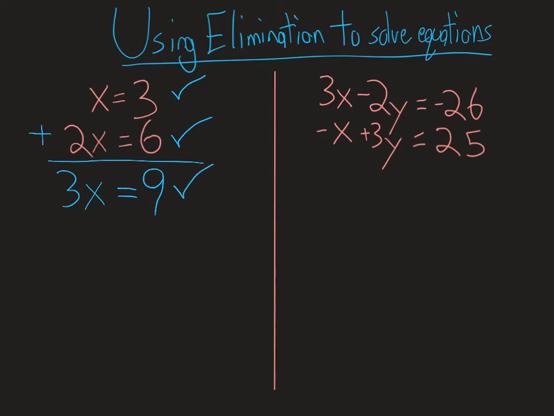So notice what we just did: if you have a system of equations with 2 original equations, you can add them. And the third equation is still valid.